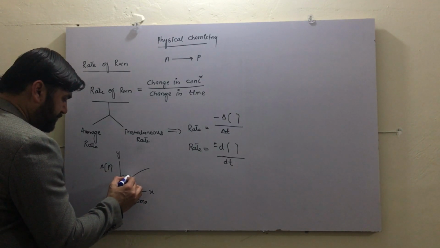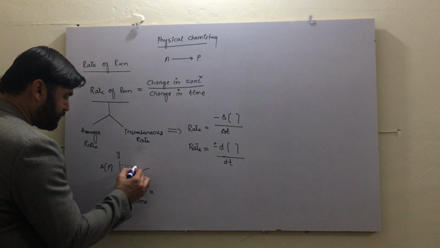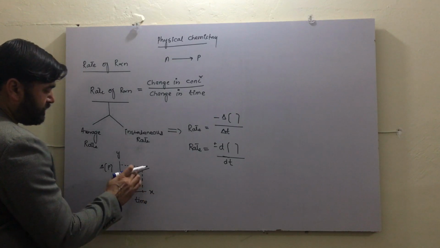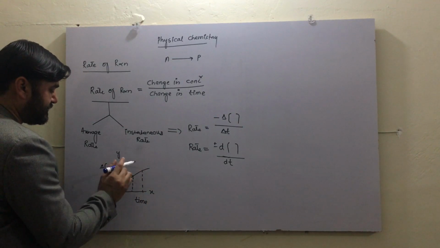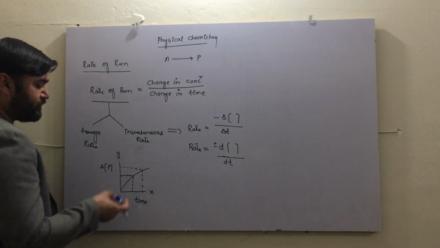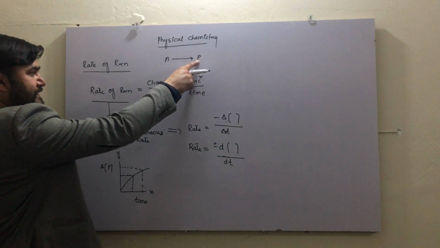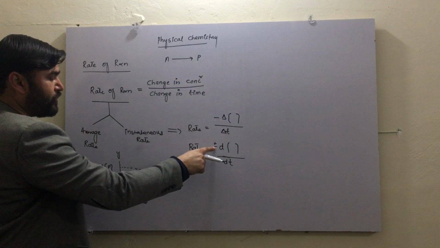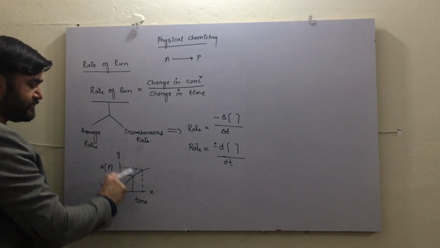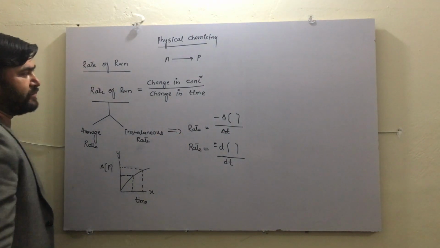We see that after some time the amount of product increases. So we can take one conclusion from this: the amount of product increases, so it is taken as positive, and the amount of reactant decreases, so we use a negative sign.